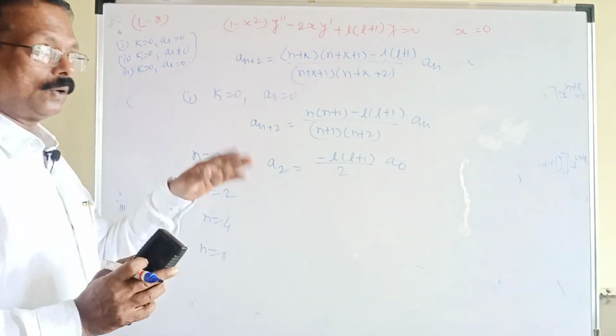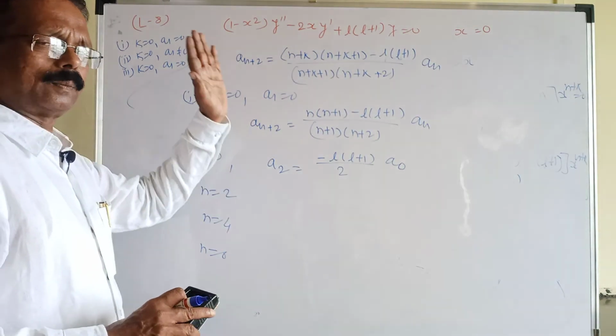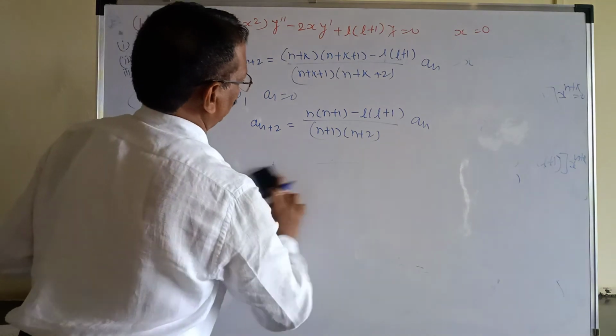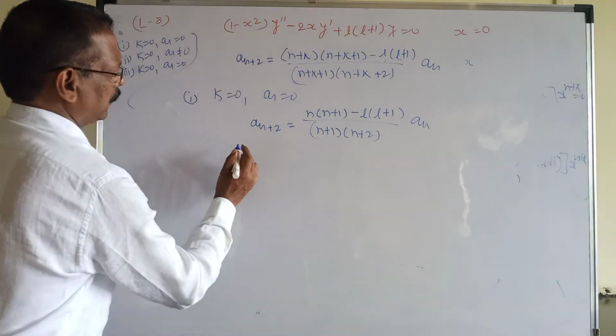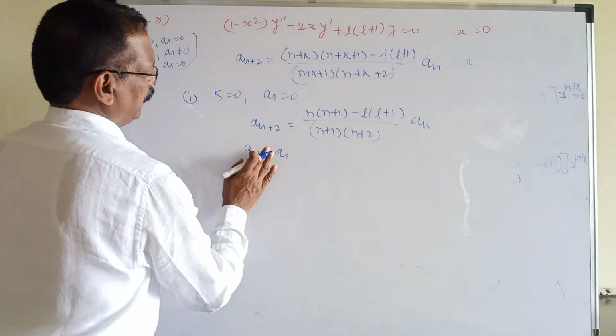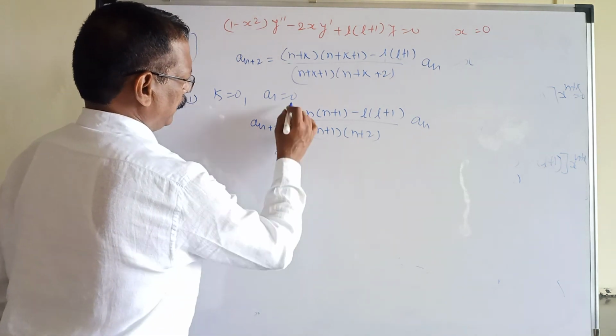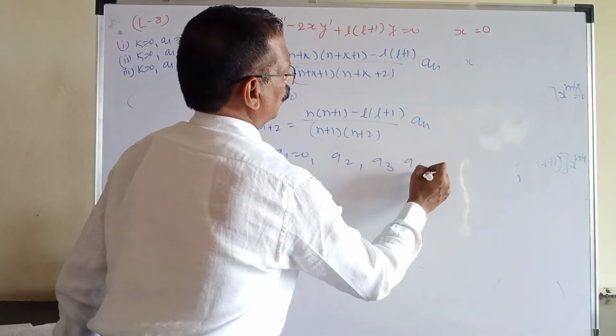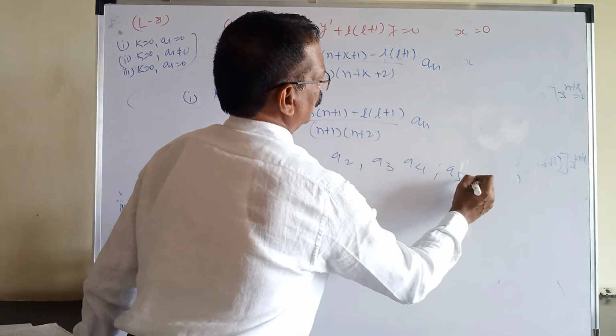Last time we solved each and every step of the other differential equation in the last lecture. So what we have to write here? You will get a0 is not equal to 0. We know that a1 is equal to 0. You will get a2, a3, a4, a5, a6.